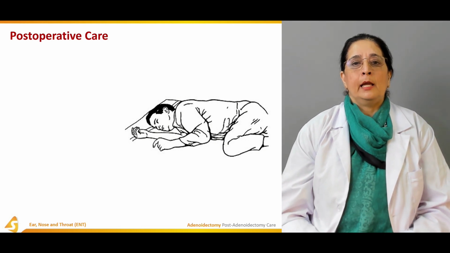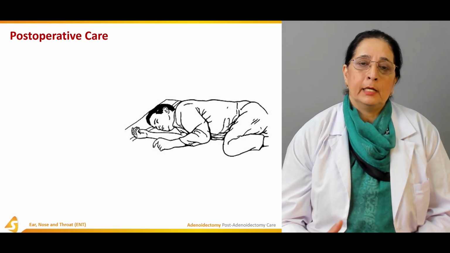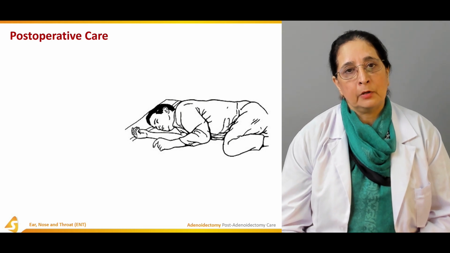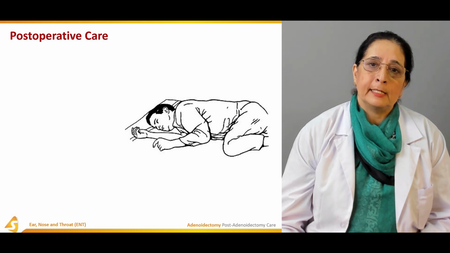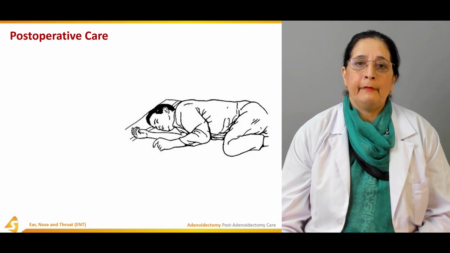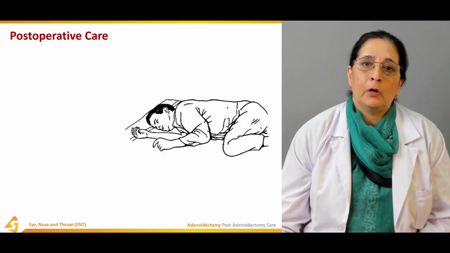Remember this adenoid tissue, which is a lymphatic tissue, shrinks or regresses after 5 years of age, because by that age other lymphatic organs perform the functions of preventing different infections and microorganisms.